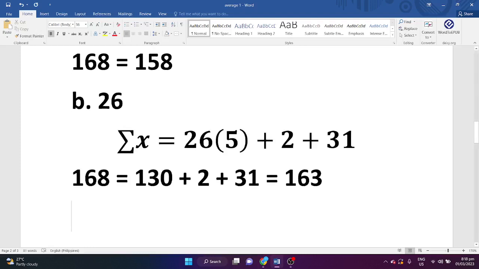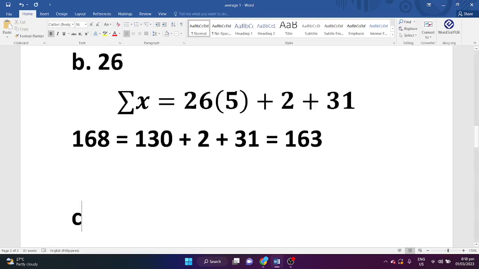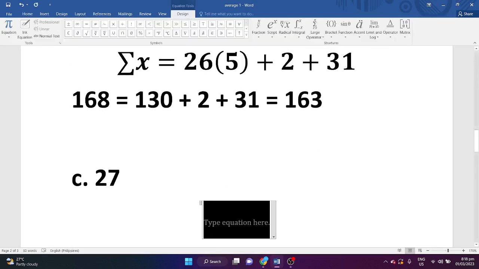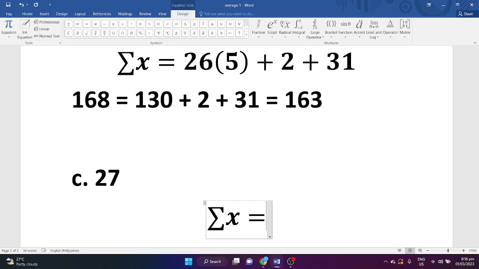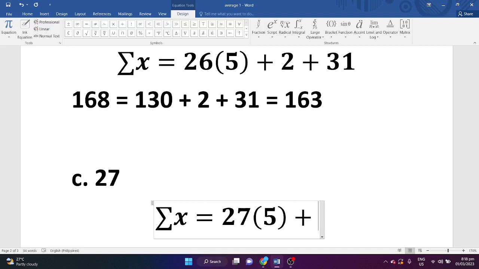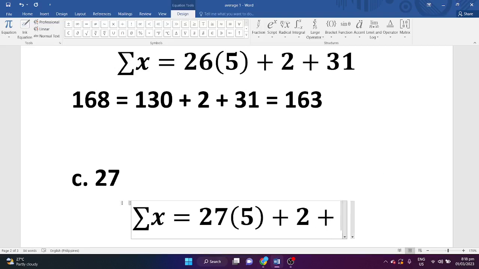Let's take letter C. Letter C is 27. So summation of x again is equal to 27 times 5 plus 2 plus 31.